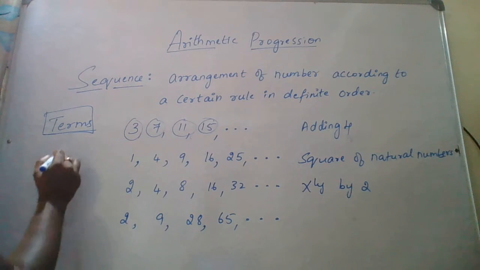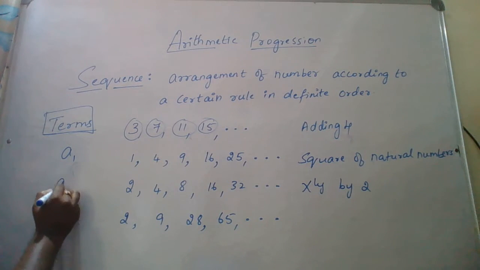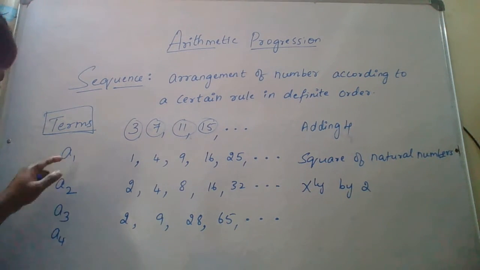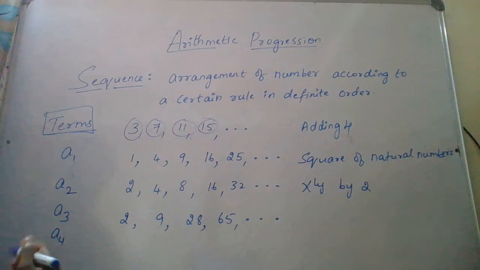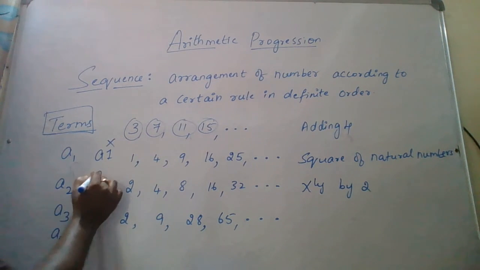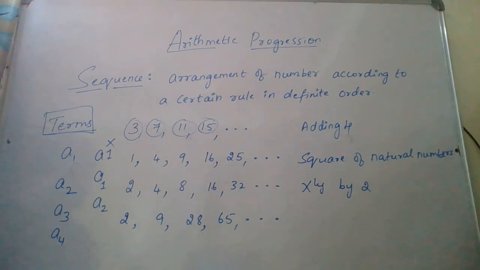And we write it as a suffix 1, meaning this is my first term. For the second term, we write a suffix 2, a3 for the third term, and so on, a4, a5. Remember, you have to write it below. That is why I call it a suffix, right? You should not write it as a1 like this. This is wrong. A suffix 1, a suffix 2, like this, okay?